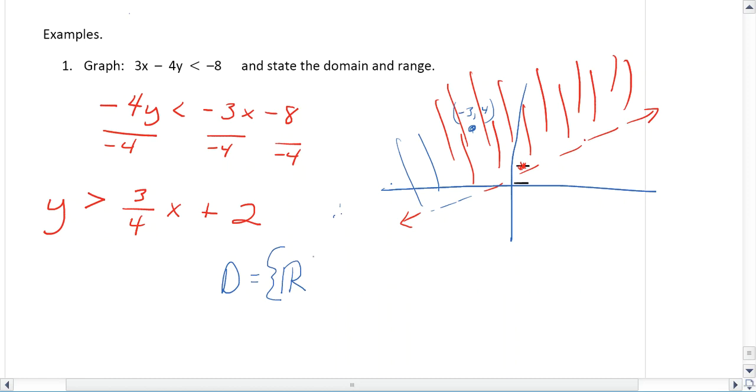And that should be in set notation. The range, again, now our eye is looking up and down, and this is shaded all the way down this way and all the way up this way. So there's no limit on the range either. So that's all real numbers.